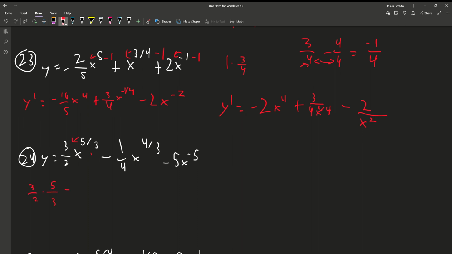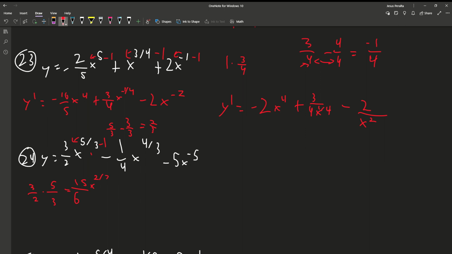3 times 5, 15. 2 times 3, 6. And then we get the x. We subtract 1. That's going to look like 5 over 3 minus, what did we say? We want the denominator to be the same. It's basically 1 over 1. You multiply 3 in the bottom, so you multiply 3 on the top. That gives you 5 minus 3 is 2 over 3.